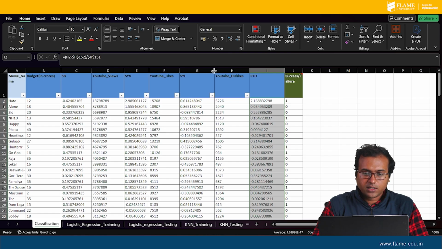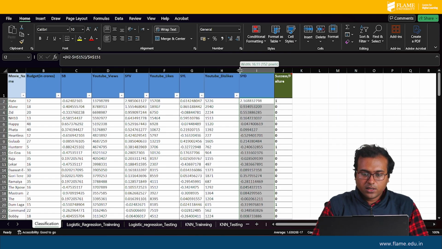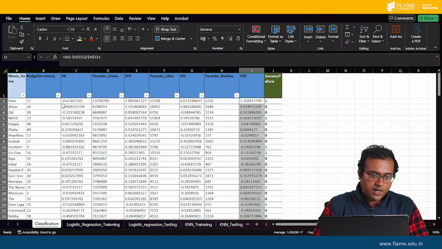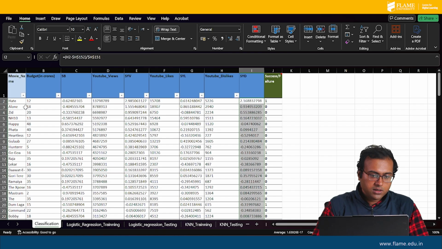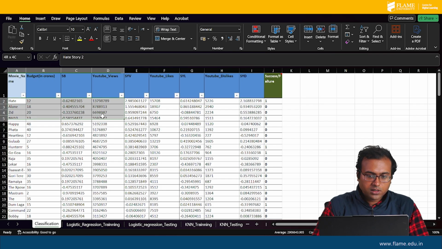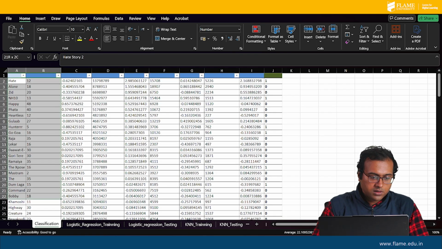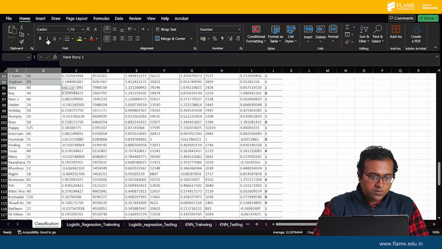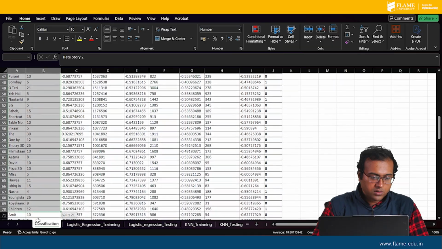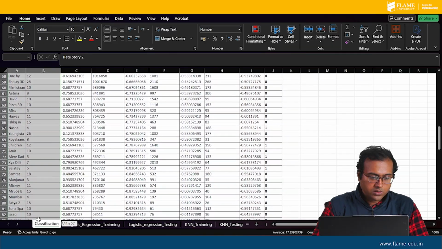So now we have prepared our data and we are ready to move to our next step, training and testing splitting. Already we know the proportion, so we just copy and paste the initial 105 data points, and the remaining points we put for testing. So here I'm copying this entire data.